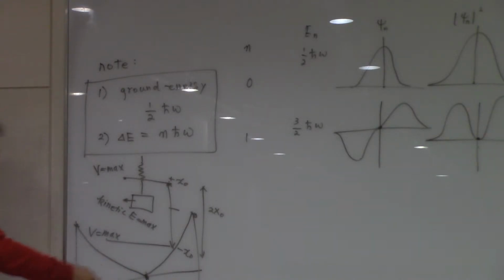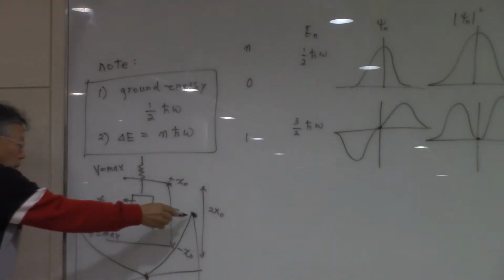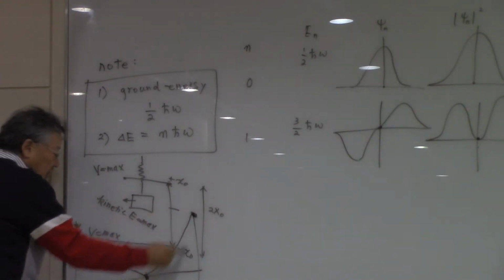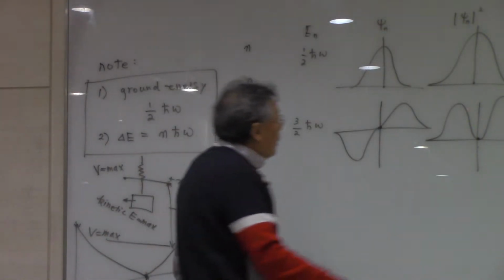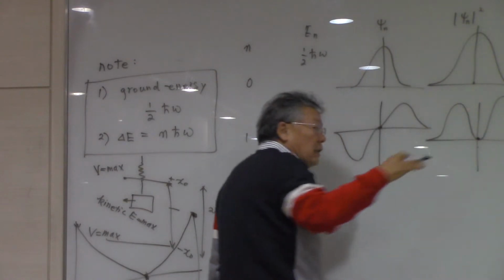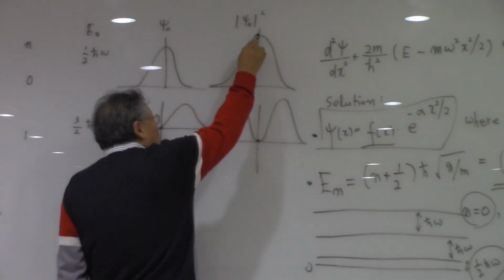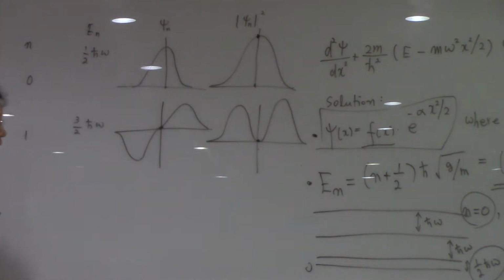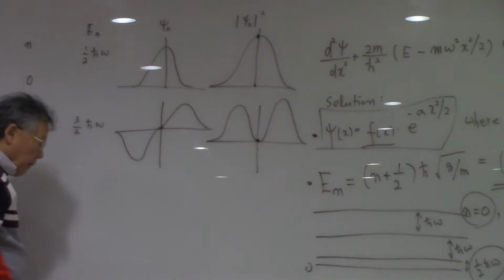It's moving very fast at the center, and it just stays there at both ends. That is the classical theory probability. But in a quantum approach, when it's in the ground state, at the center we have a very big probability, and in the first excited state, then the zero probability.